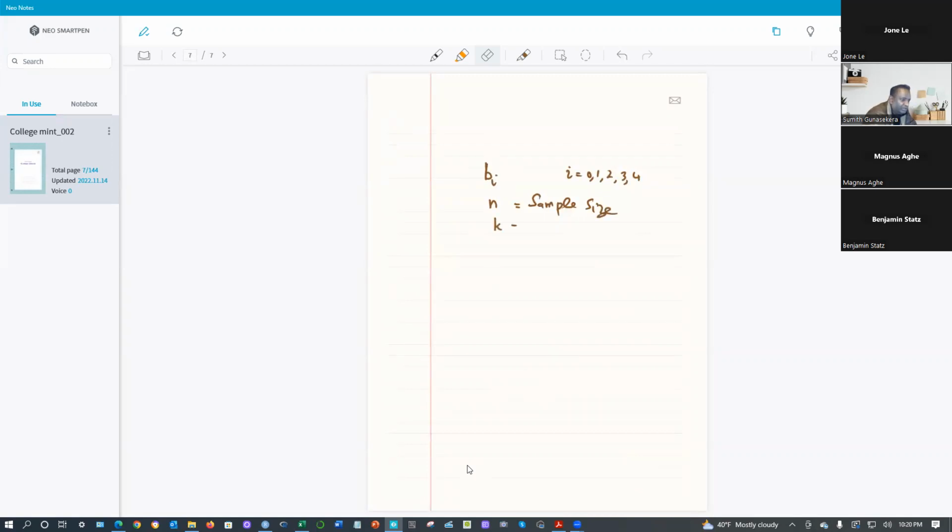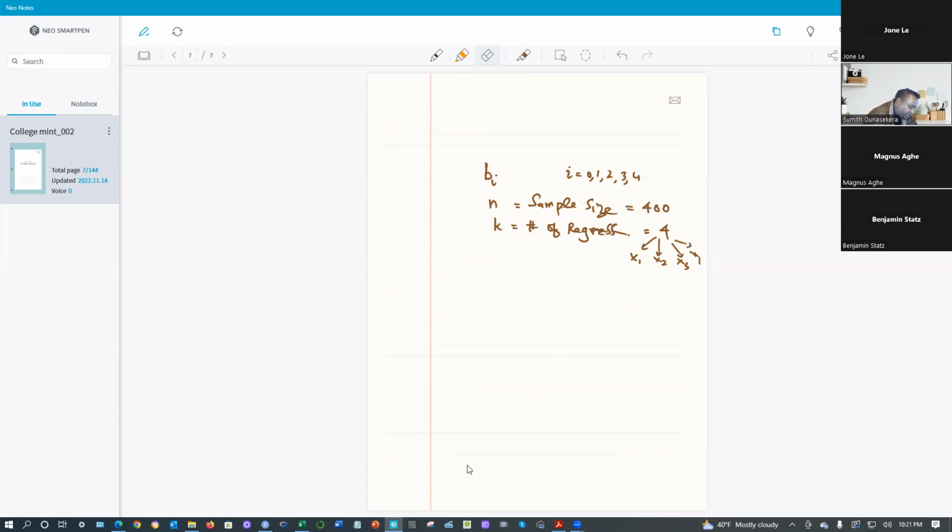A regressor is an explanatory variable. How many explanatory variables? This one, 4. Number of regressor variables: X1, X2, X3, X4. So we can use number of regressors or explanatory variables, same meaning. For my convenience, I use regressors.